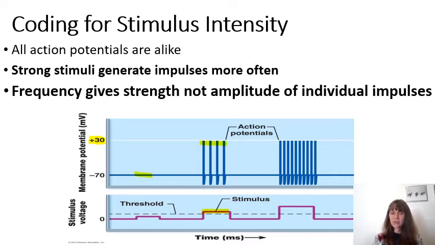Look what happens when the stimulus is stronger. You'll notice a stronger stimulus on the third example and more frequent action potentials.